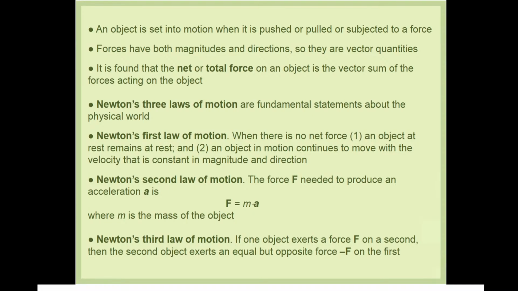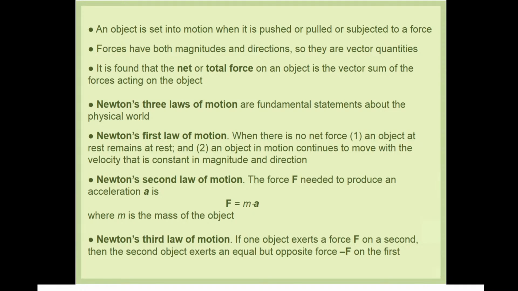So, let's come back to translational motion. An object is set into motion when it is pushed or pulled or subjected to a force. And this force should be considered as the resultant total force that is developed by several objects that are acting on the object of interest.